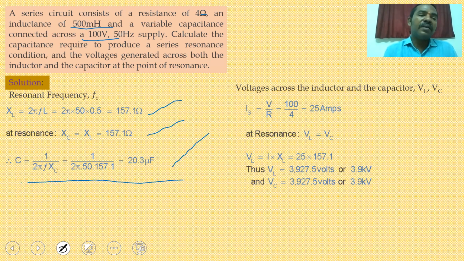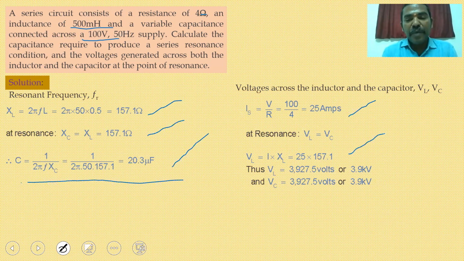Then the resonating current I0 is equal to V by R, so 100 divided by 4, we are getting 25 amperes. Already you know that the voltage drop across the inductor must be equal to the voltage drop across the capacitor under resonance. So here also you can calculate. VL is equal to I into XL, so 25 into 157.1.